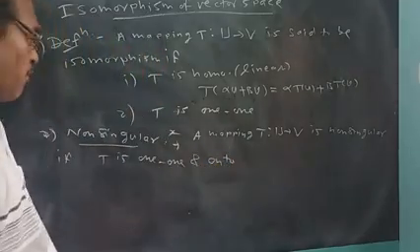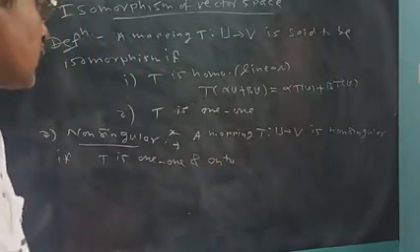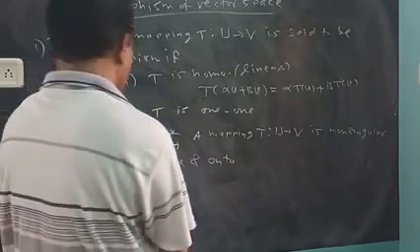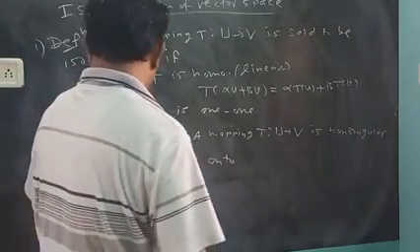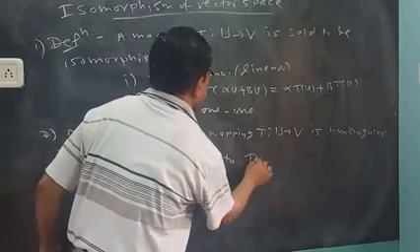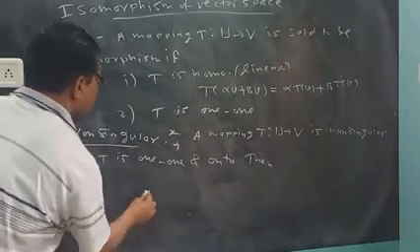When this mapping is 1-1 and onto, then it is non-singular. Then what happens? Non-singular, then the inverse exists.